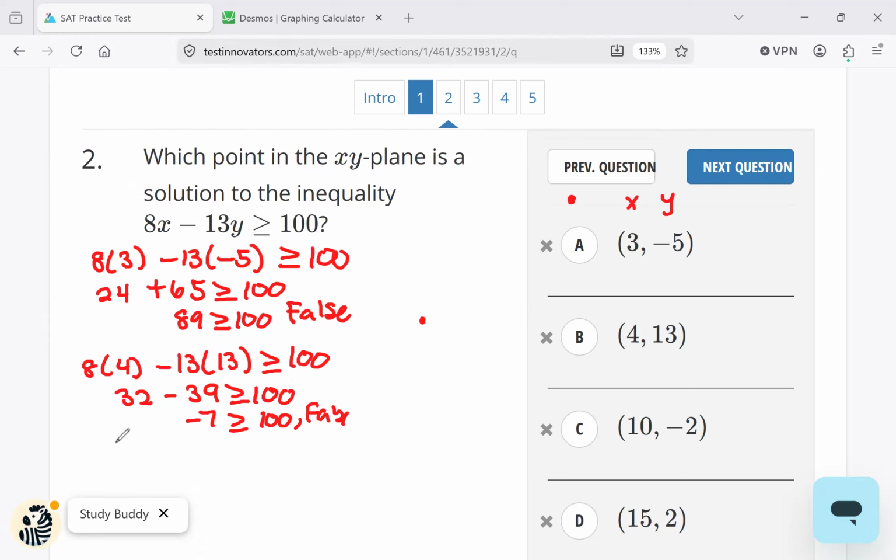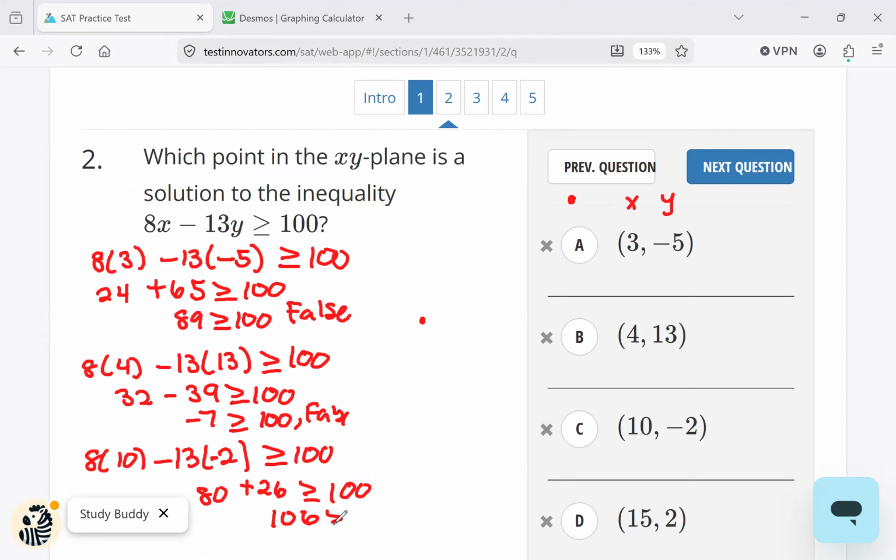Let's try 10 comma negative 2. Oops, I forgot about the negative 2 here, that's why it's off. 8 times 10 is 80, and then I get 106.